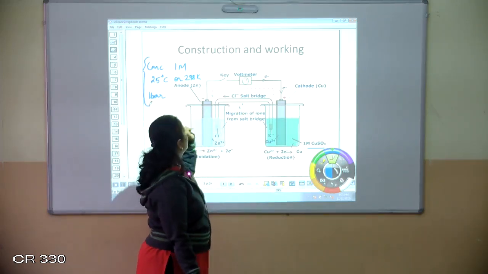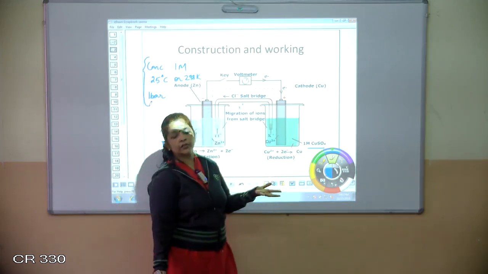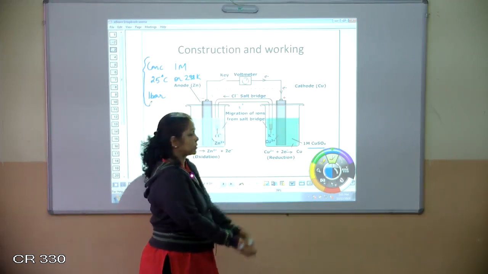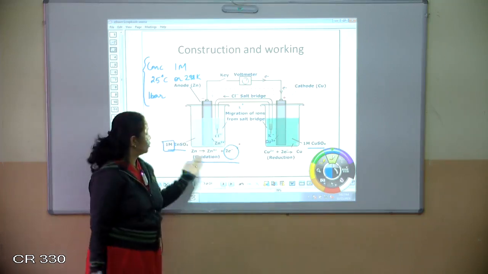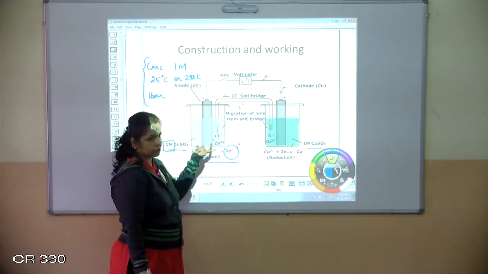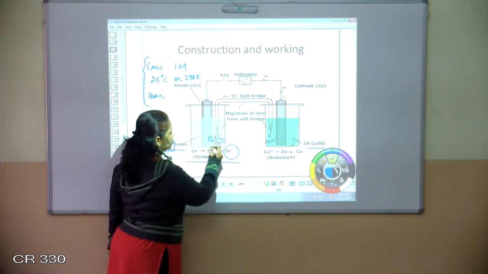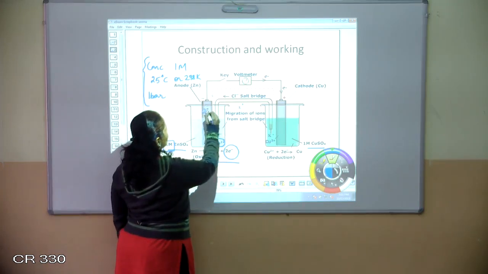We very well know zinc is more reactive than copper. Since zinc is more reactive than copper, it's understandable that zinc will easily lose electrons. You have lost electrons at the zinc electrode. The zinc metal oozes out from here, goes into the solution as zinc ions, and the 2 electrons are left here.